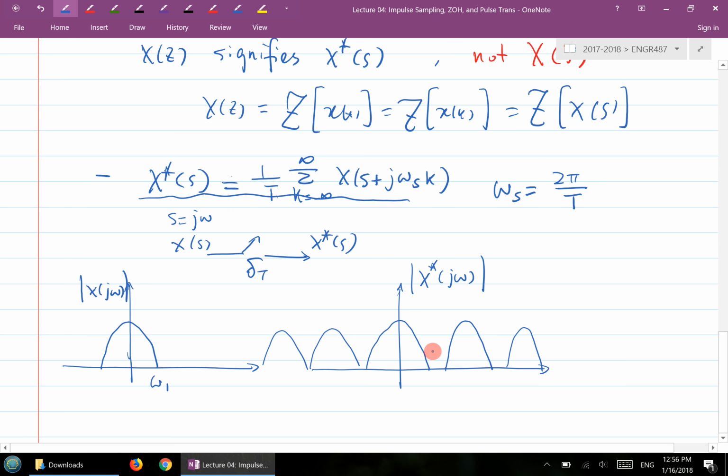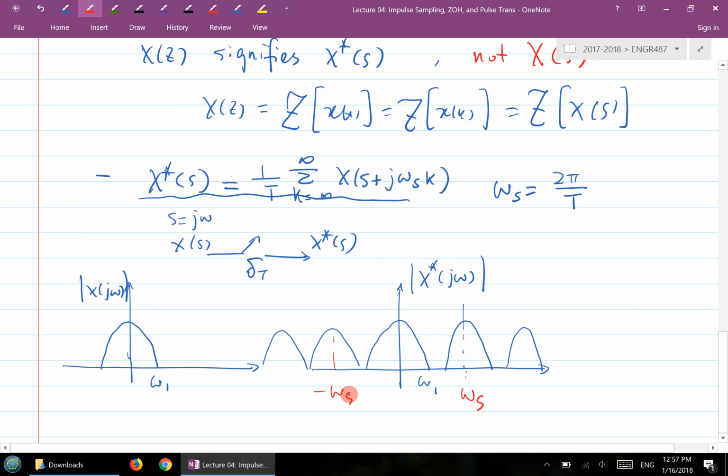That makes sense, right? So this is still the bandwidth of the system here. And for two adjacent bumps, this one here is your omega_s, so this is how you shift. This side here is negative omega_s, so you shift to the left and to the right by shifting the whole bump.